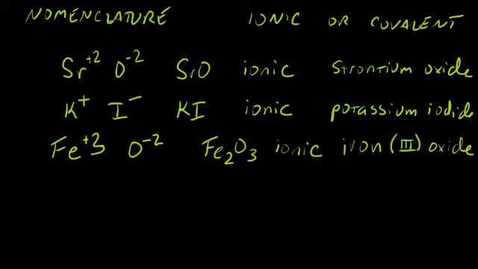All right, let's take a look at some examples of covalent. Let's look at NO, N2O, and NO2. Okay, these are all nonmetals bonding with nonmetals. Electronegativities are very close together, so they're all going to be covalent.